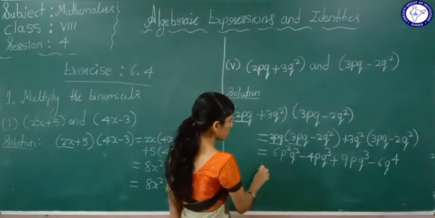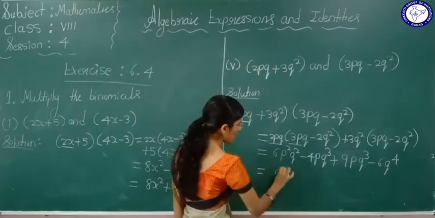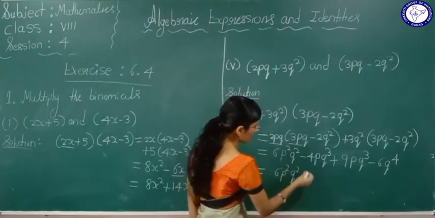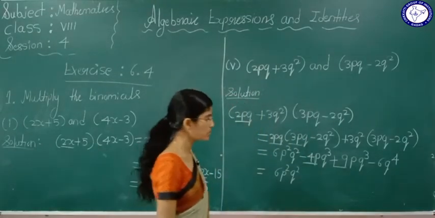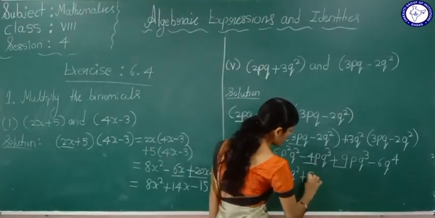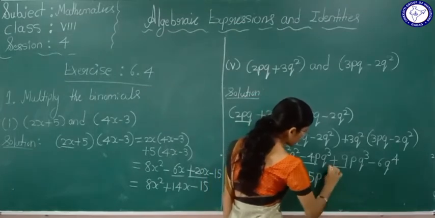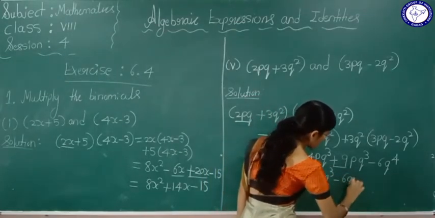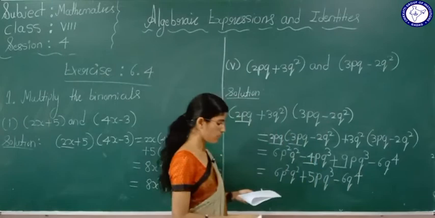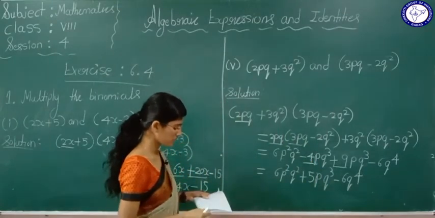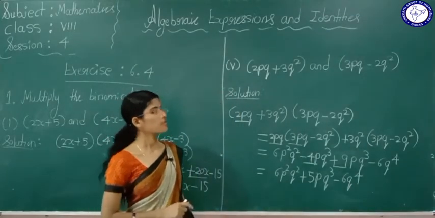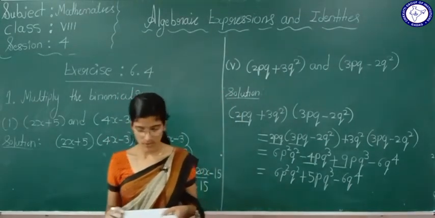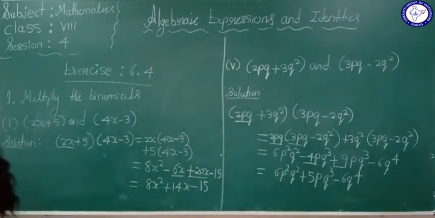So now see here, like terms can be added. Listen, now see here, minus 4 plus 9 is what? It will be plus 5. Plus 5 p q raised to 3 minus 6 q raised to 4. Okay, so this is about the fifth problem. Now in the similar way we will go for the second main.